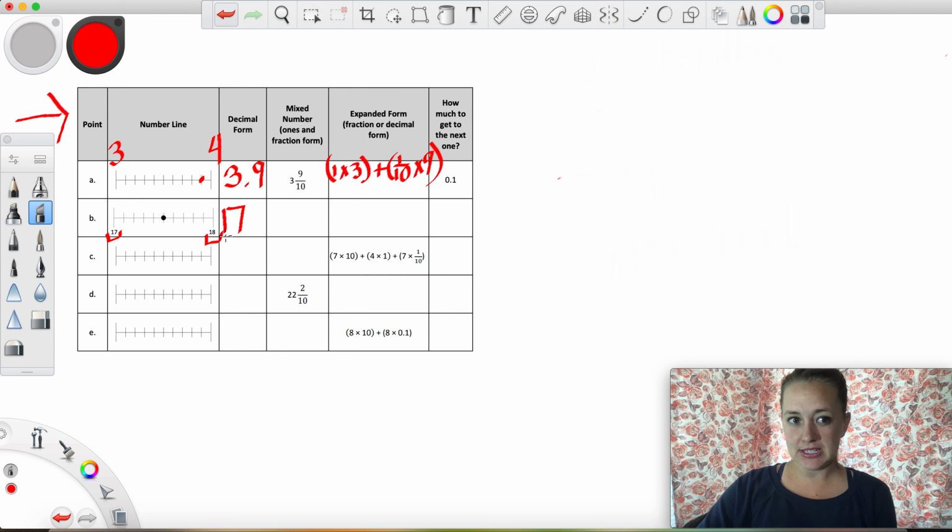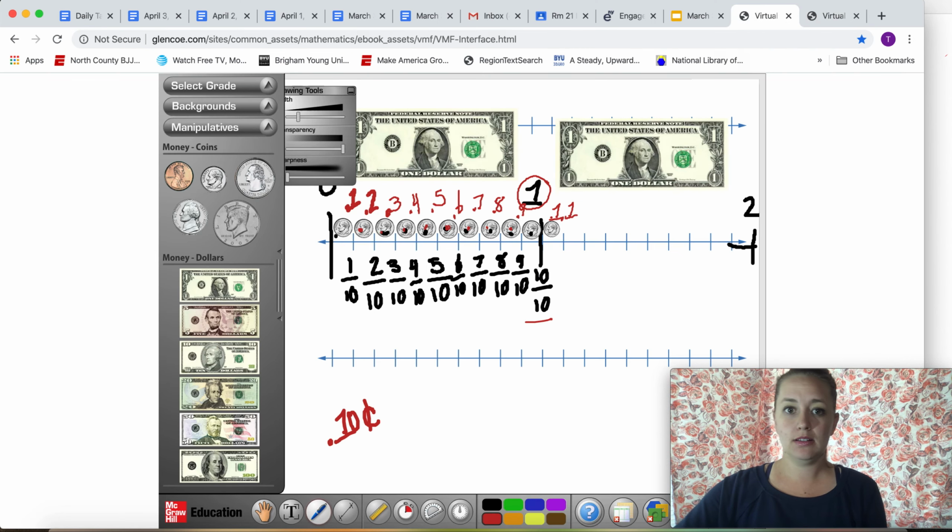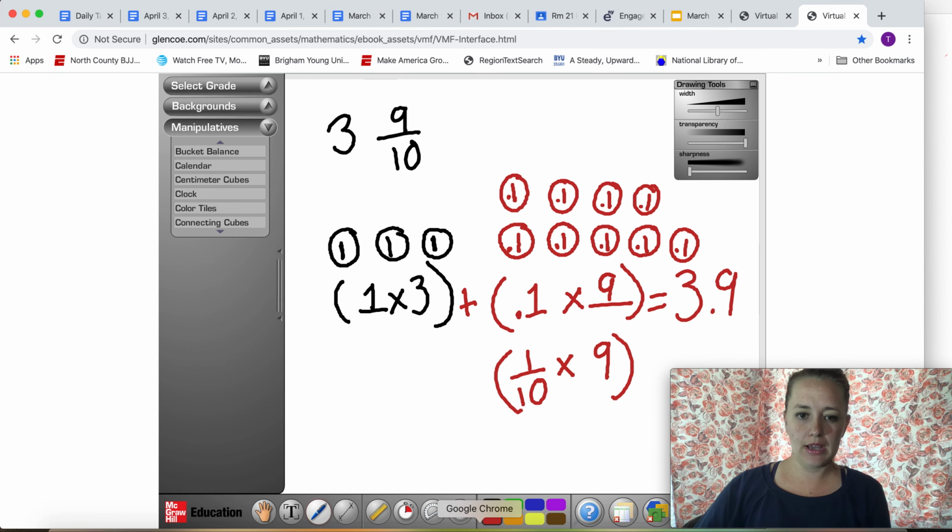Well, these are broken into tenths. So I have 1/10, 2/10, 3/10, 4/10, 5/10. 5/10. And I know that because, again, these are the same thing, only written in different forms.